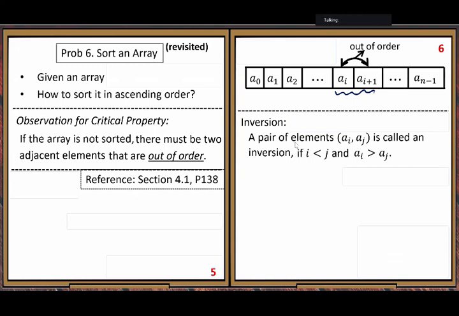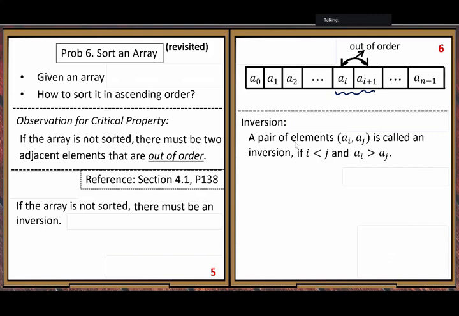So with this new concept, now we want to use inversion to help us understand the order property of an array. Let's look at another statement. If the array is not sorted, then there must be at least one inversion. That's easy to see, right?